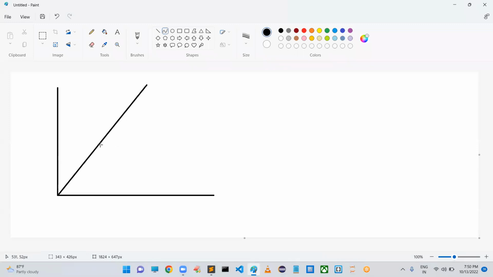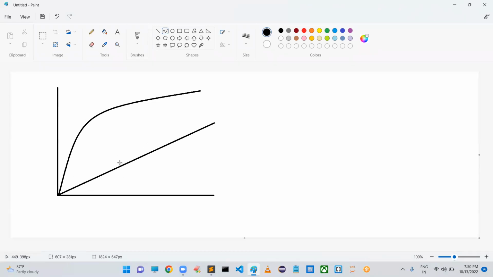Let us take this one as some value, and here I am going to take one more representation in this style, and one more value like this. Here I can say this is some meeting point.